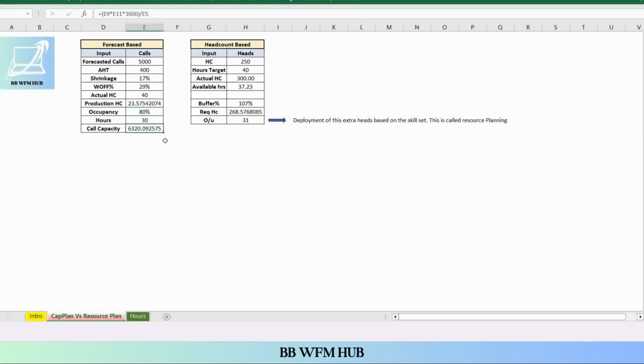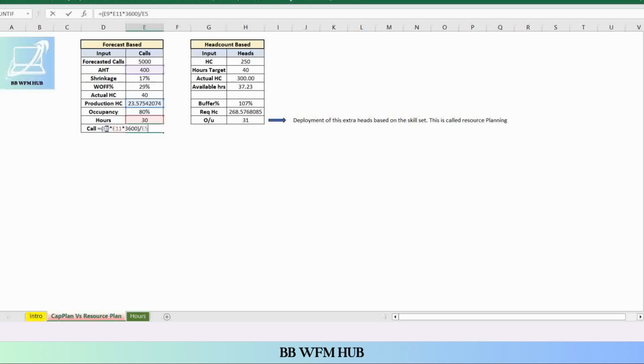Now for the call capacity, firstly we will multiply our production headcount with the hours that the agents are giving, and then into 3600 seconds, because our AHT is in seconds, that's why we are multiplying this with 3600.